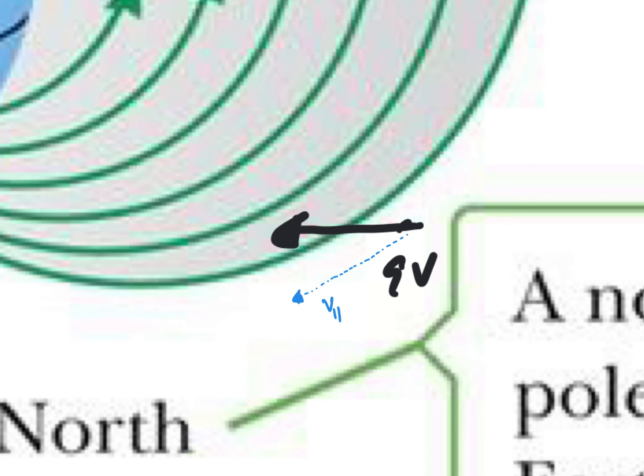The magnetic field is in this direction, but the velocity's parallel component is in the opposite direction. That's fine. Parallel, it still counts as parallel. And then the other component, V perpendicular to the magnetic field.